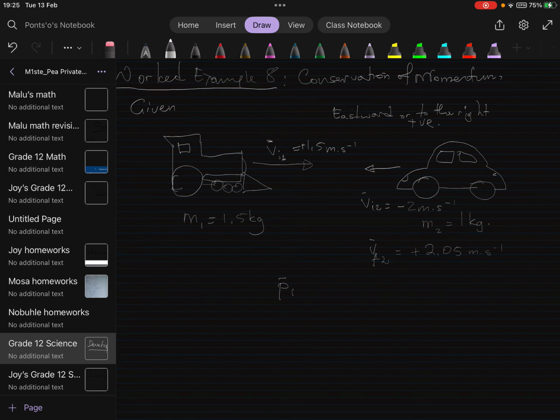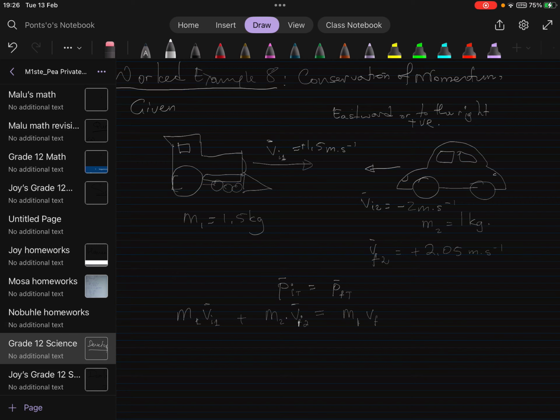then we can go to our definition, which is that the initial total momentum equals the final total momentum. Right, so for initial total momentum, we have the mass of object 1 times the velocity initial of object 1 plus the mass of object 2 times the velocity initial, my mistake, of object 2.